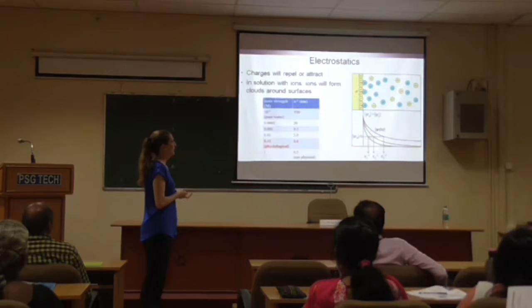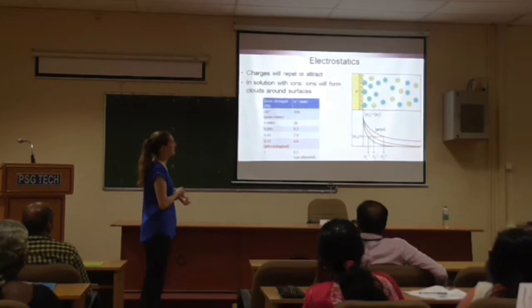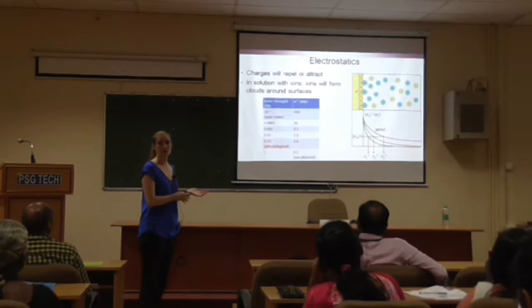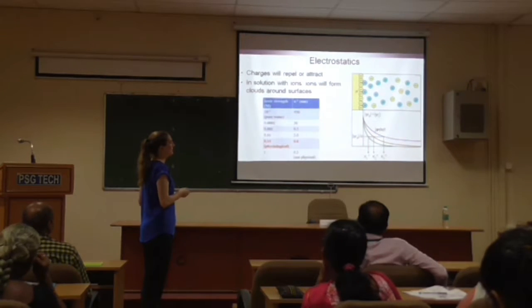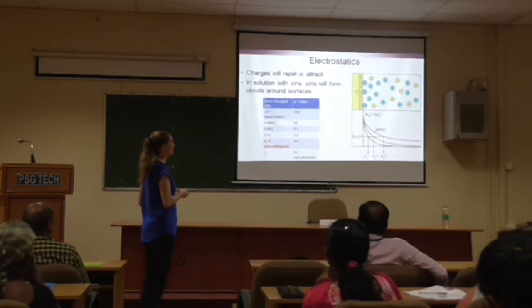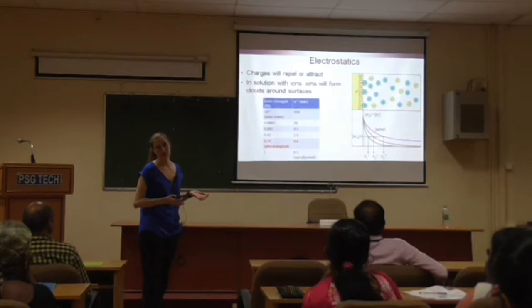Because you've got, let's say, sodium chloride, you have positive sodium, negative chloride ions, and they'll distribute away from the charged surface. So if you have a negatively charged surface, the sodium ions will want to go towards it, and the chloride ions will want to go away from it.